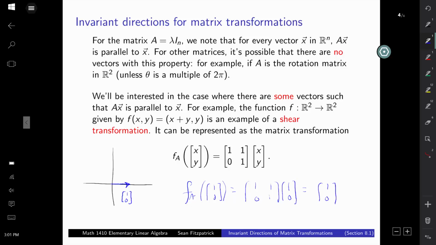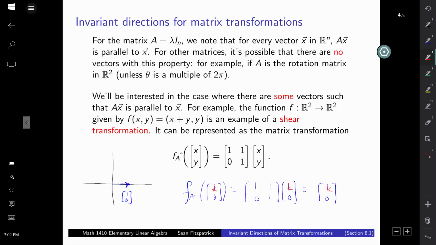So this one is left alone. It gets sent to itself. So this horizontal direction, and in fact if I replace that 1 by a k, you can see that I still get the same thing out. So any vector parallel to the x-axis gets left alone. You get the same thing out that you put in.